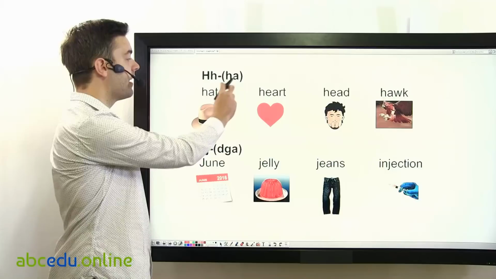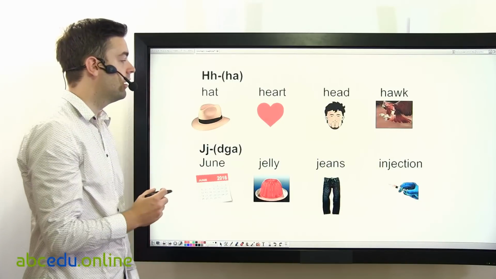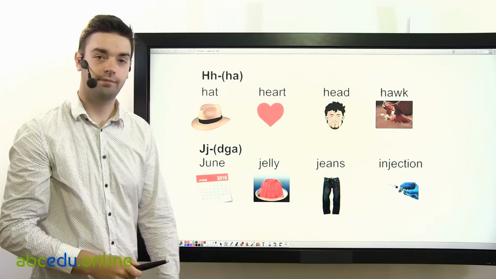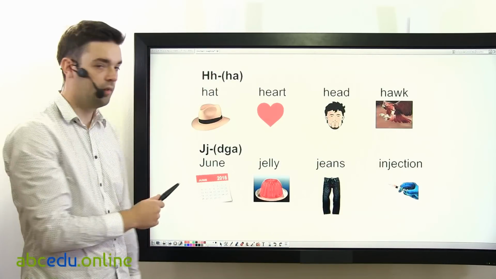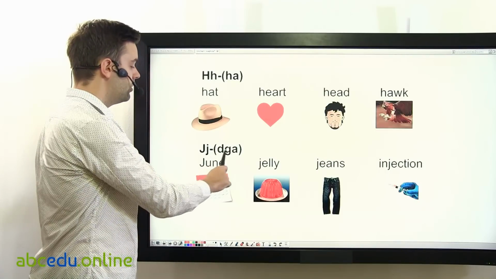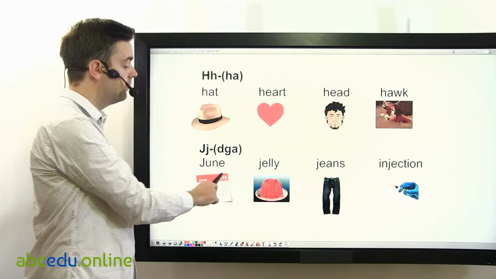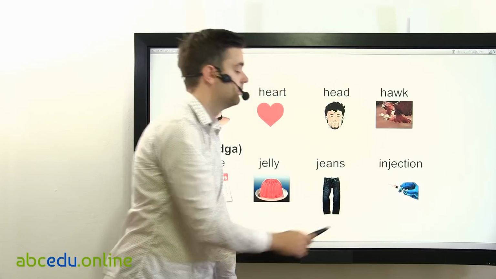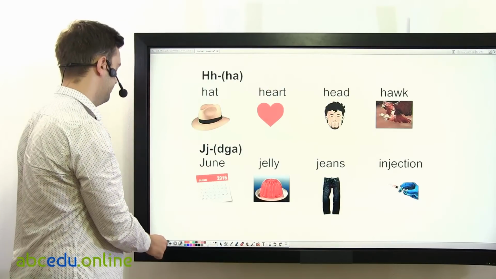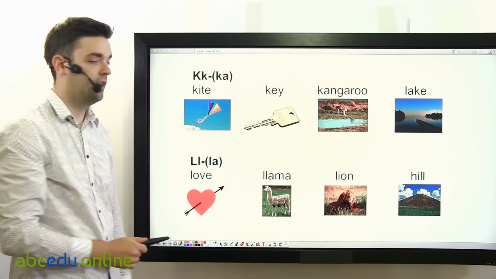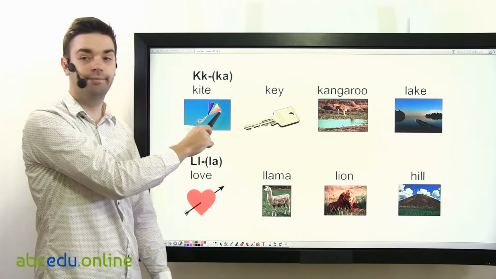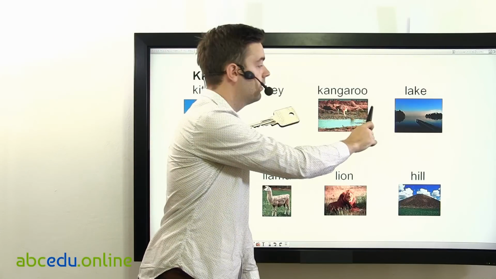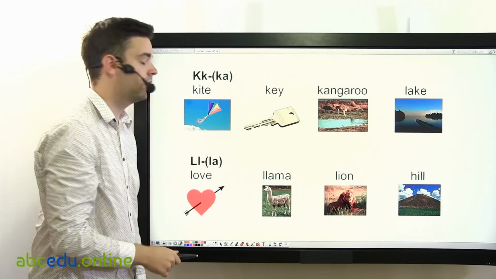H: hat, heart, head, hawk. J: June, jelly, jeans, injection. K: kite, key, kangaroo, lake.